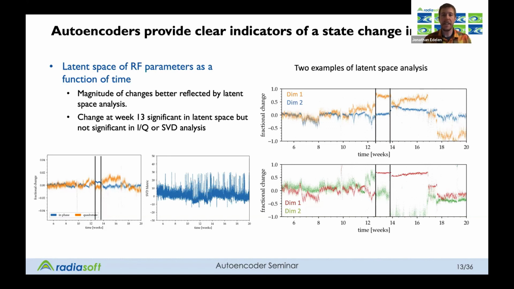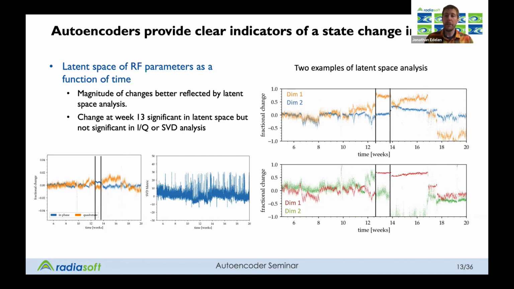So that's saying that either the change in the RF that's shown in the IQ decomposition is just more significant in the latent space, or there's something different about it. You're getting a larger signal, and it's saying that there's something significantly different about what's going on here versus what was happening at the beginning of the study.